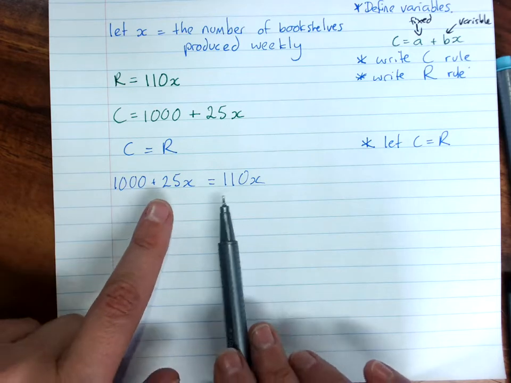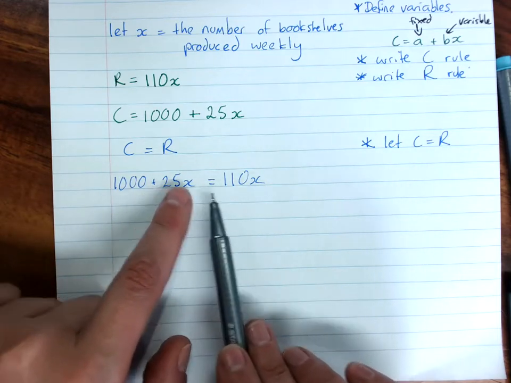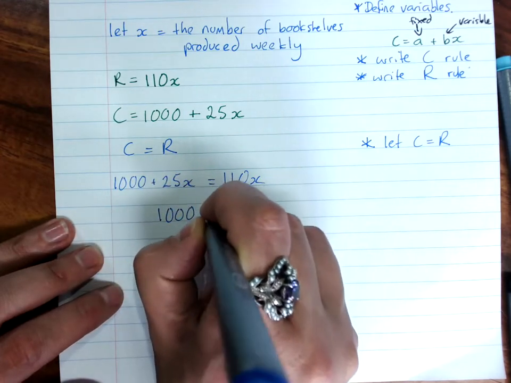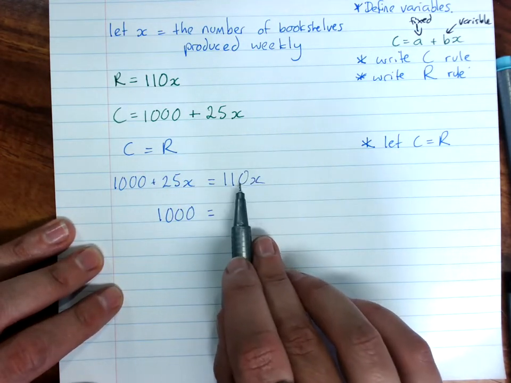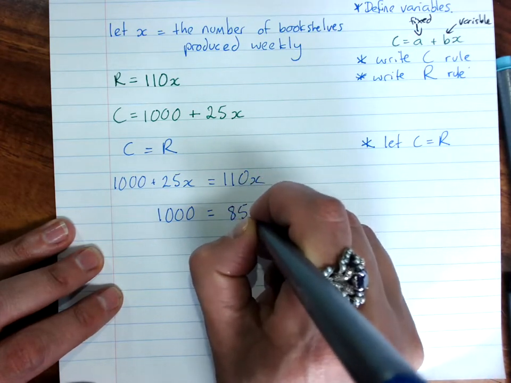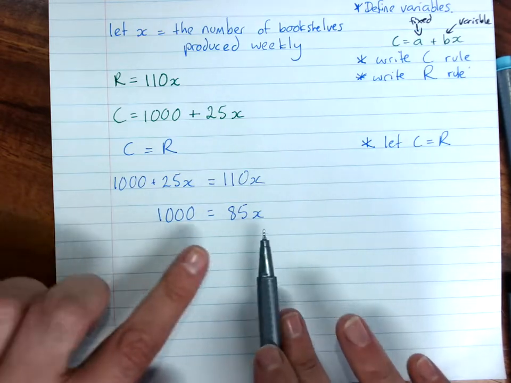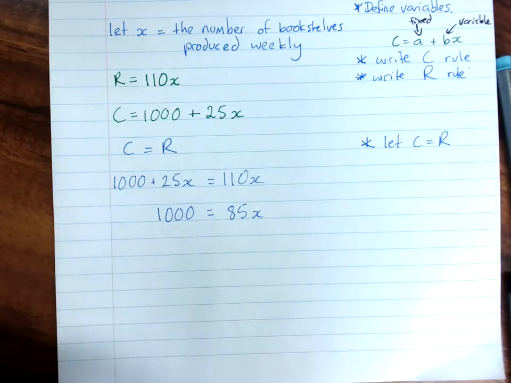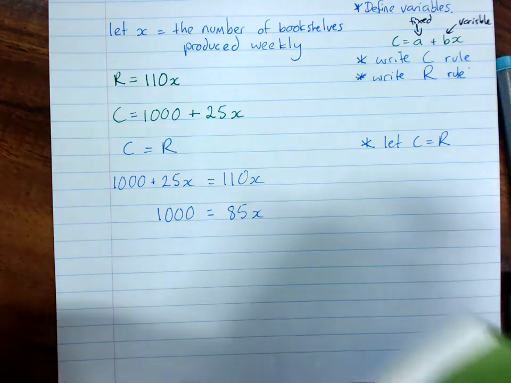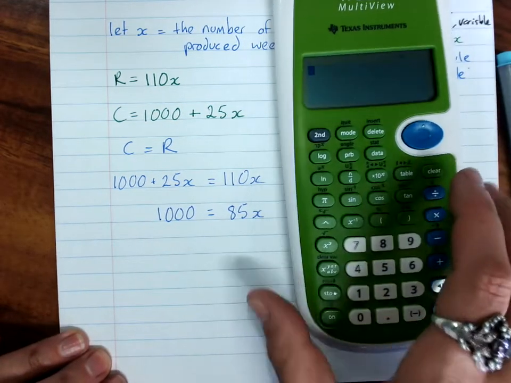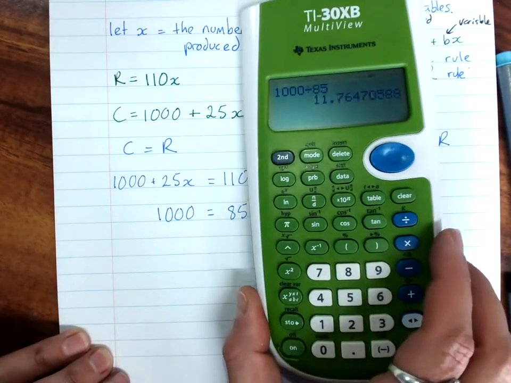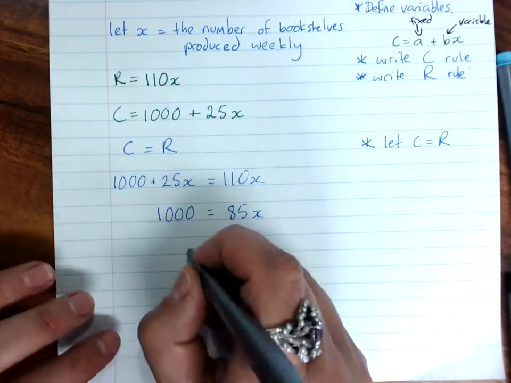We need to get both lots of X to the same side, so we'll take away 25X from each side. I'm left with 1,000 equals 110X minus 25X, that's 85X. And I need X on its own, so I'm going to divide both sides by 85, and I will use a calculator for that. 1,000 divided by 85, 11.76.